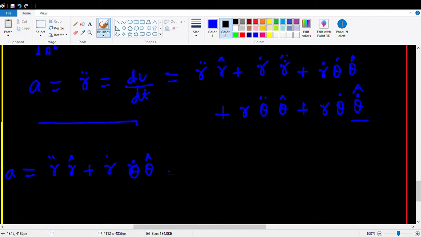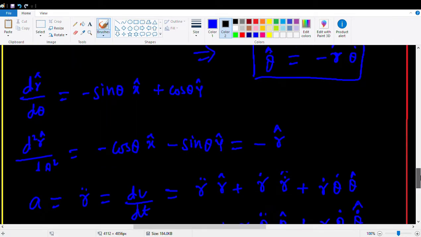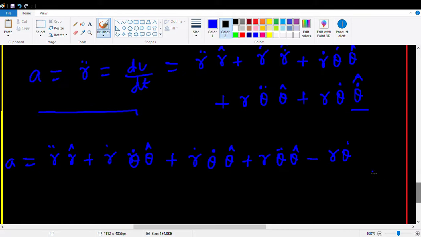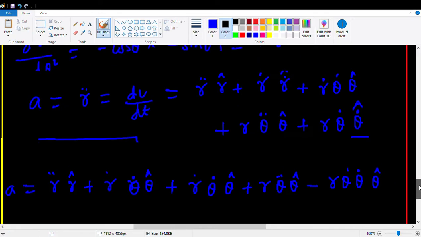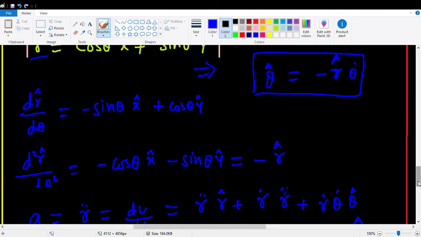Here I can write it as r dot theta hat plus r theta double dot theta hat minus r theta dot, and now theta dot has given me minus theta dot r hat. So this plus becomes minus, so minus theta dot r hat.